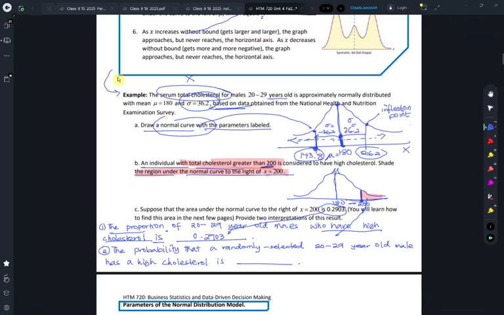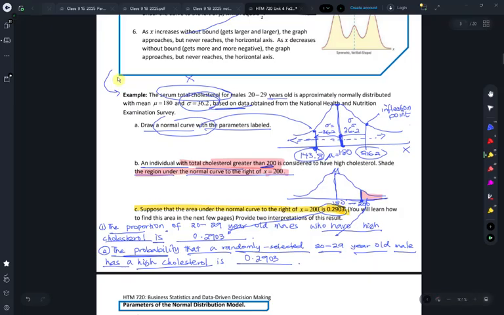In other words, another way to state that is that the probability that a randomly selected 20 to 29-year-old male has high cholesterol, that is, cholesterol greater than 200, is 0.2903. That is based on the provision of this question that says, suppose the area under the normal curve to the right of x equals 200 is of size 0.2903. Provide two interpretations of this result.